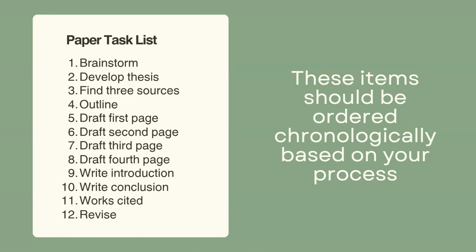So here I'm beginning with brainstorming, developing a thesis, finding sources, outlining. These steps might vary depending on your particular process or just based on the assignment. So for this, where I have multiple sources, I want to do that before I outline, but there might be papers where you outline first. Maybe you develop the thesis after you outline or even after you write. So think about your own process.